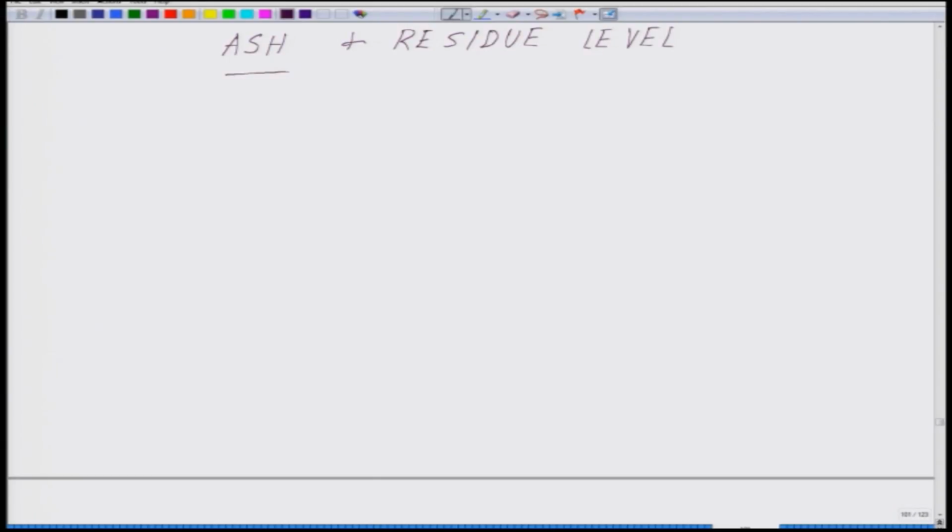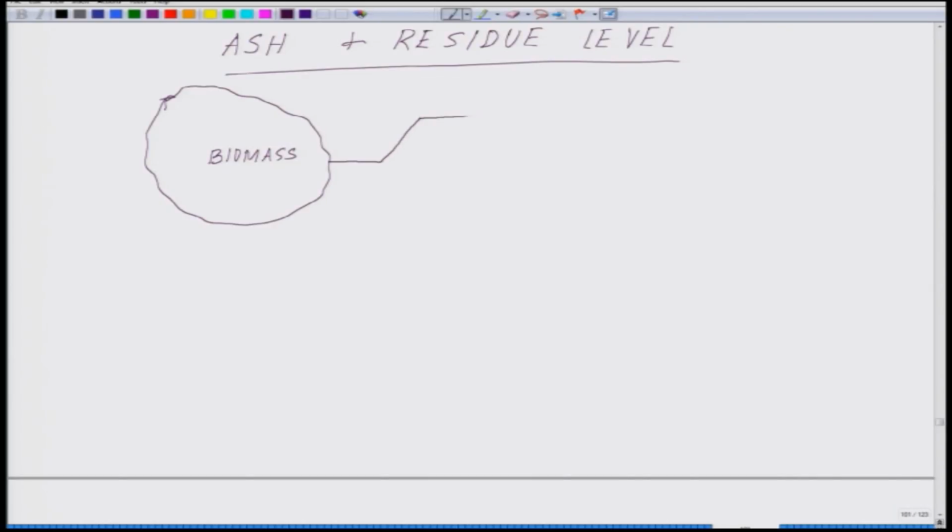Now, talking about ash, basically the chemical breakdown of biofuels by either thermochemical or biochemical processes produces solid residue. Say, for example, this is your biomass which has to be processed. Now, you have two routes: either a thermochemical route of conversion or a biochemical route of conversion. We will be talking in depth about all these things, do not get worried.